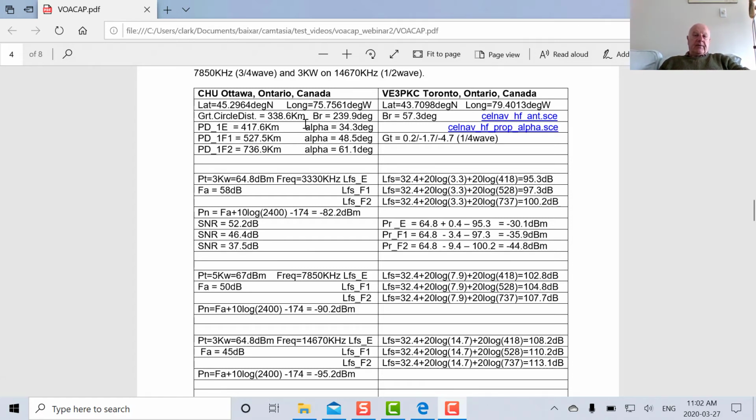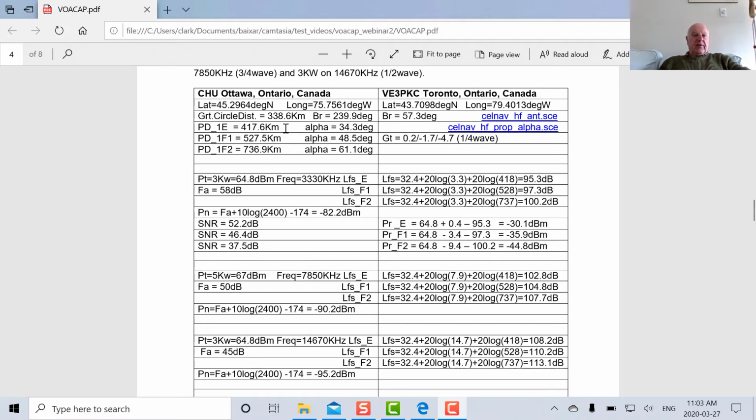But I can calculate, as we've seen in previous videos, my great circle distance between the two locations. That turns out to be about 339 kilometers. The bearing in Toronto is about 57.3 degrees, and the bearing at Ottawa is 240 degrees. So from those particular details, this is not the maximum one-hop distance. This is less than that. So we can determine our takeoff angles.